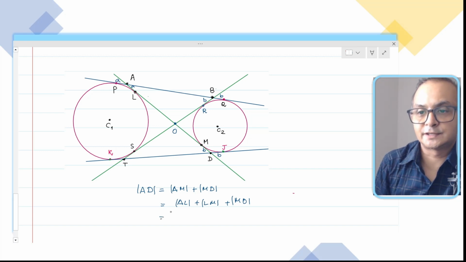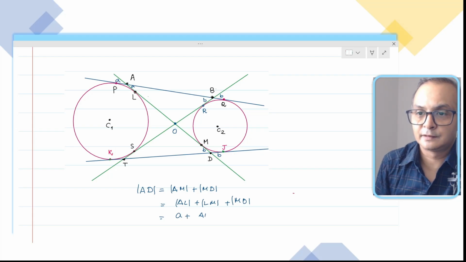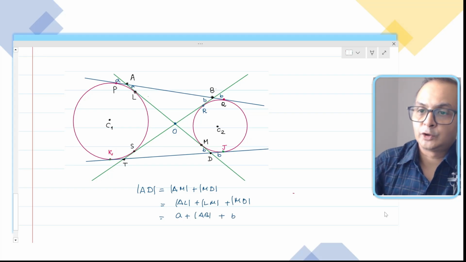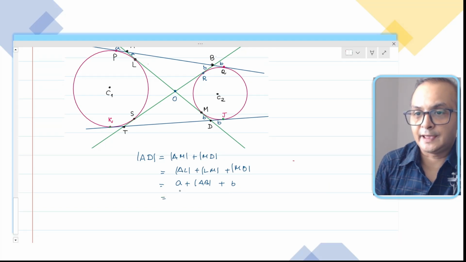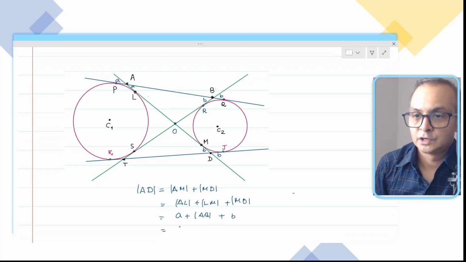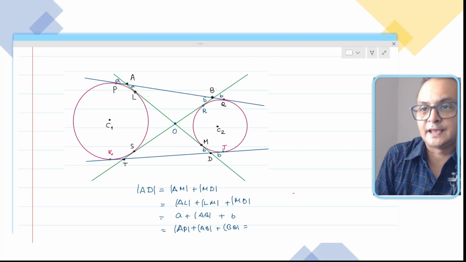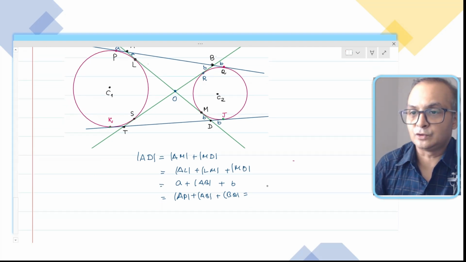So that is actually A plus LM, we just found LM is nothing but AB, and MD is nothing but B. But you also notice one thing, I can also write A as the length AP. So this is AP or PA, this is AB, and the B I can write as BQ. This is BQ. So we just get AP plus AB plus BQ, which is nothing but PQ.